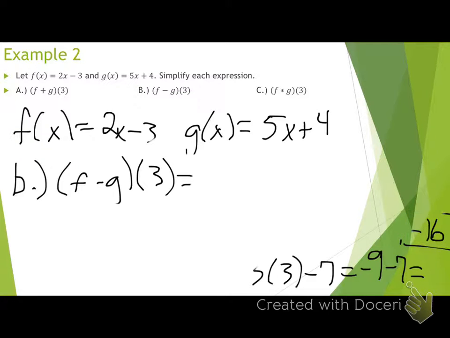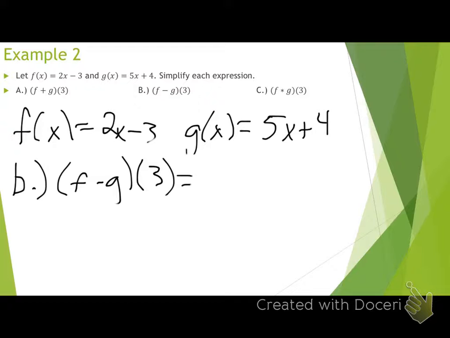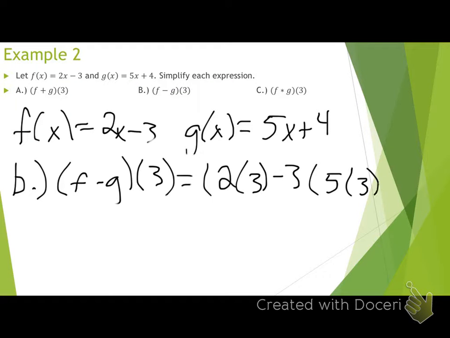Okay, raise your hands if you can help me set up method 2. I can do that. 2 times 3 minus 3, minus, and then just set parentheses with 5 times 3 plus 4. Like that?